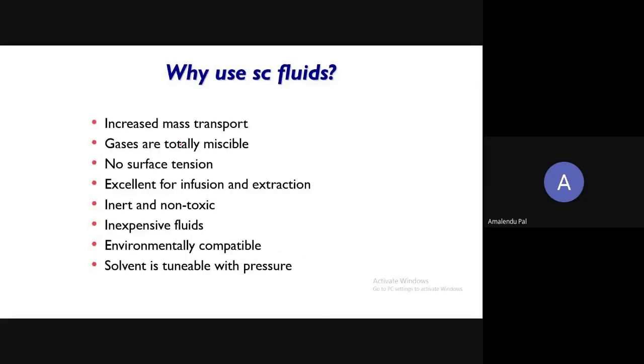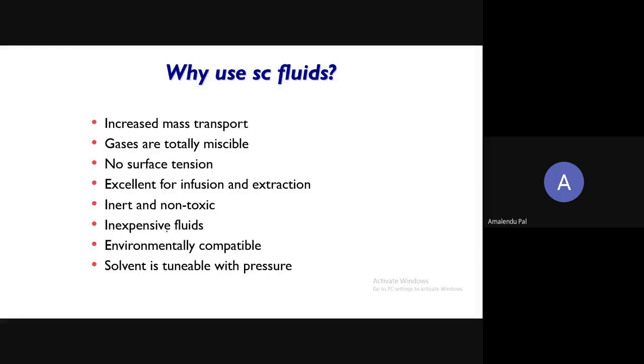But supercritical fluid has good characteristics. What are these? It increases mass transport. That is very good. Gases are totally miscible. That is also very good. No surface tension. Good one. Excellent for extractions. It is also inert and non-toxic. That is very good.